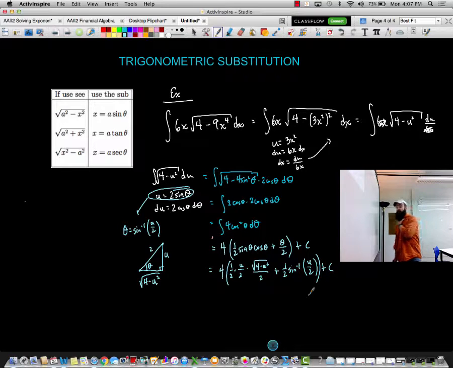So I'm going to go ahead and distribute the 4 and substitute in for u at the same time. So here, I would end up with a 1/2 because the 4 cancels with these two 2's on the bottom.